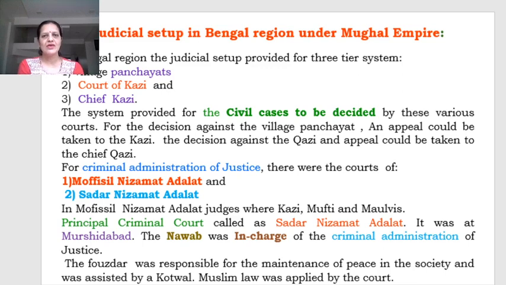The Nawab was in charge of the criminal administration of justice. So, the Sadar Nizamat Adalat was headed by the Nawab. The Fauzdar was responsible for the maintenance of peace in society, and he was assisted by the Kotwal. So Muslim law was applied by the court.